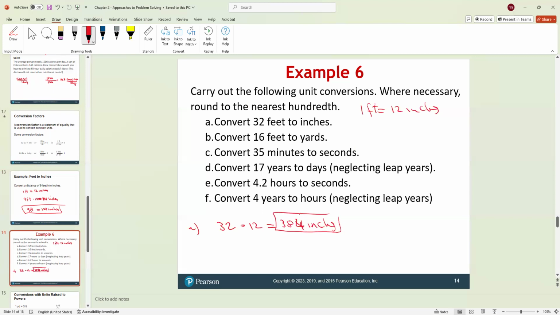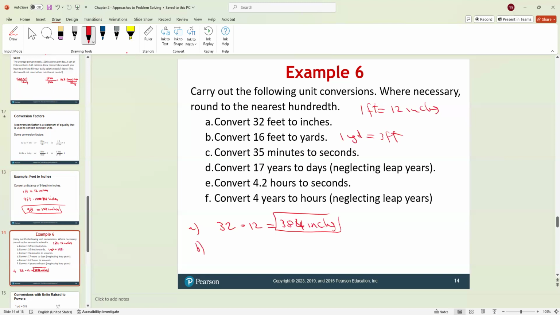Feet to yards. First of all, you need to remember that 1 yard is 3 feet. Sorry, yard is longer, right? 1 yard is 3 feet.